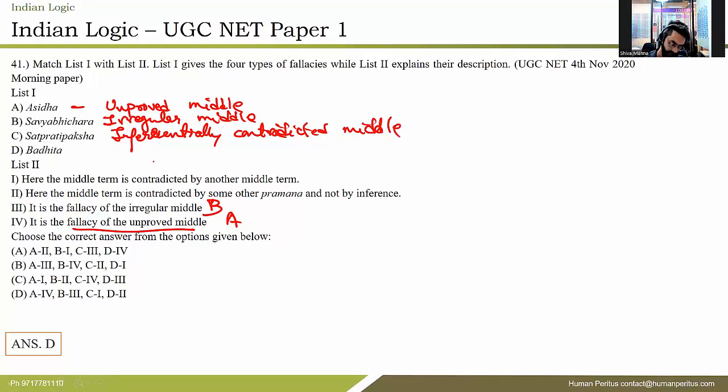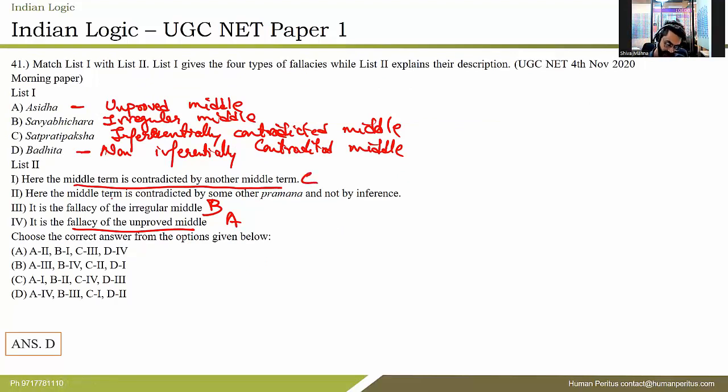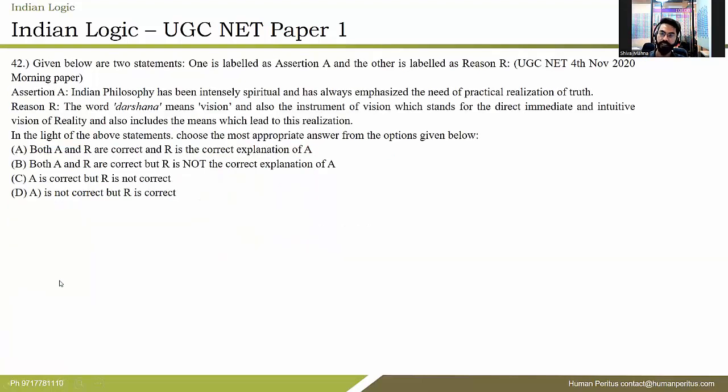And Badita is when non-inferentially contradicted middle is present. Now, if you are looking for it, Sat Pratipaksha is middle term is contradicted by another middle term, and Badita is middle term is contradicted by other pramana but not by inference. So the correct answer is D.